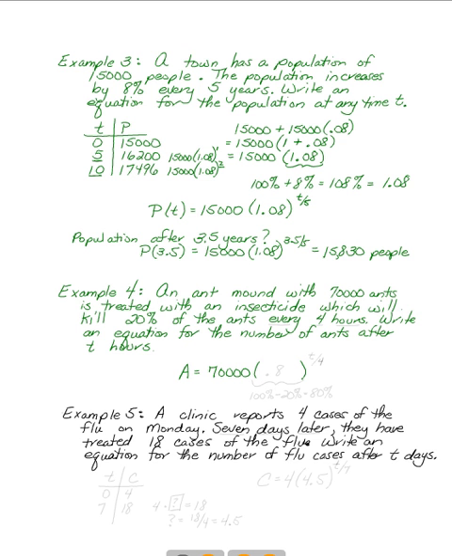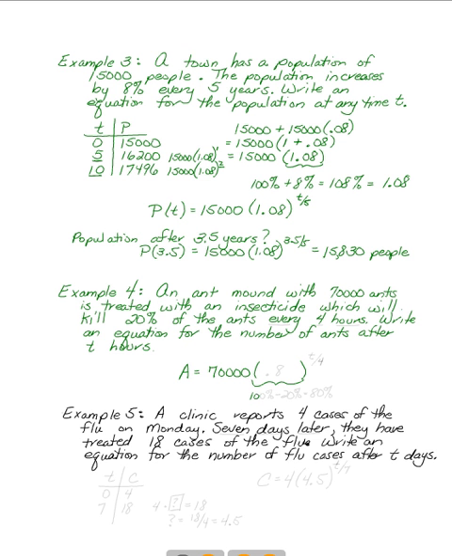Now let's look at what that factor is we're going to multiply by. What this says is that the insecticide is going to kill 20% of the ants. We're actually not interested in how many ants are dead. What we're actually interested in is how many ants are still around. So in this, our base number for our exponent is going to be the percent of ants that are left, not the percent of ants that are dead.